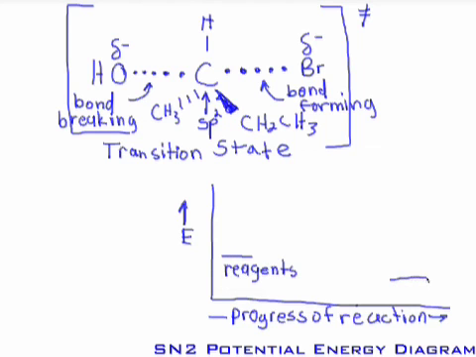Over here, we have our products. Now, in every reaction, you can measure the change in energy. If I draw a dotted green line here, this difference in energy would be what we call delta H, or the change in enthalpy.